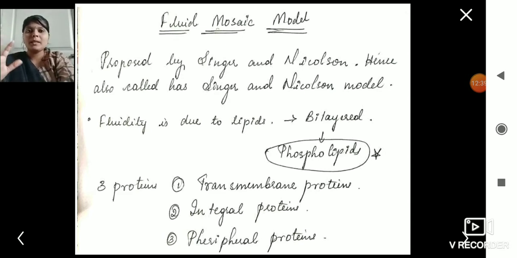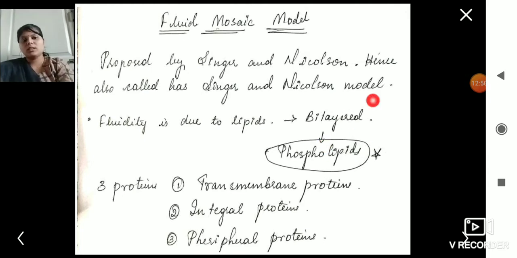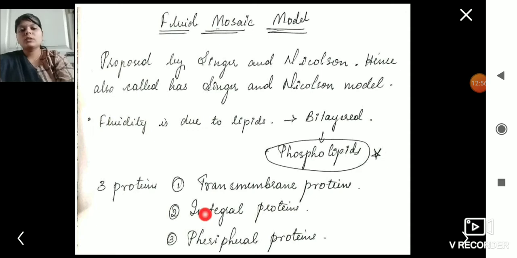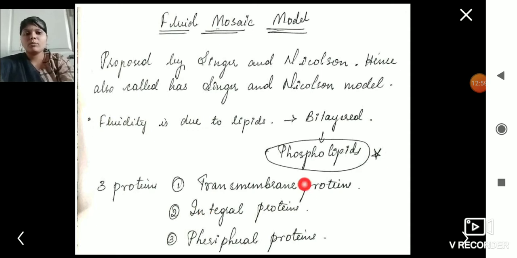It's a semi-liquid kind of membrane which has three different types of proteins in it. The phospholipids form a bilayer. The three types of proteins are transmembrane proteins, integral proteins, and peripheral proteins.